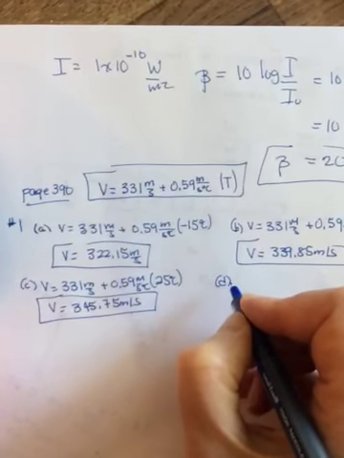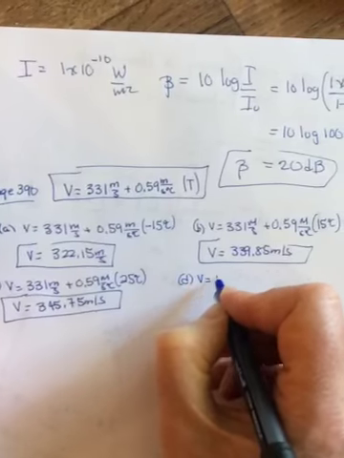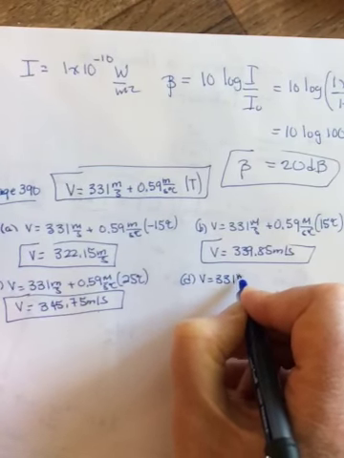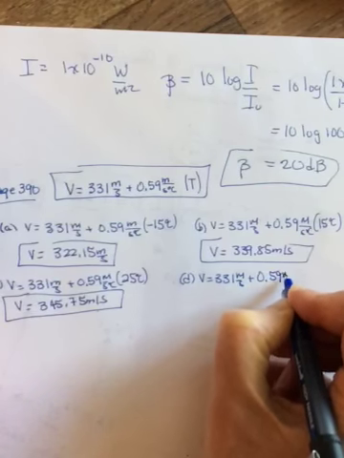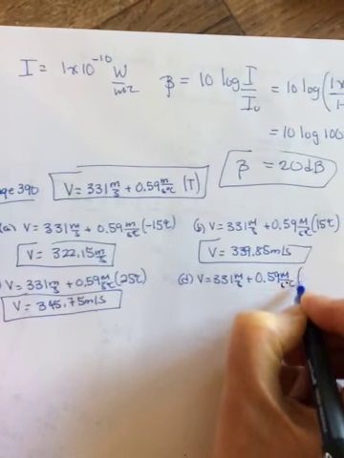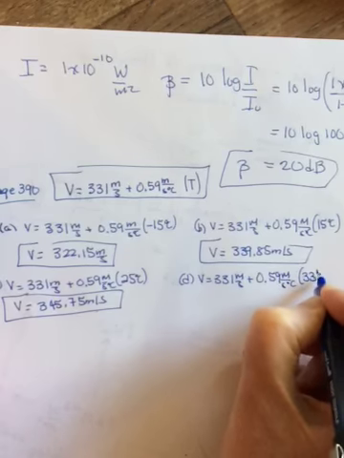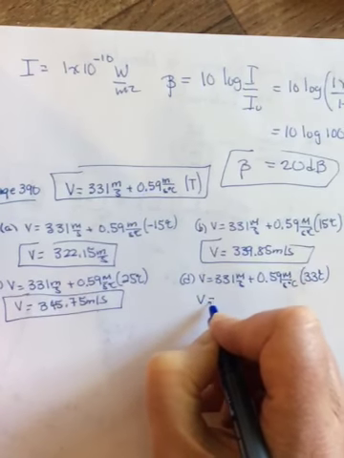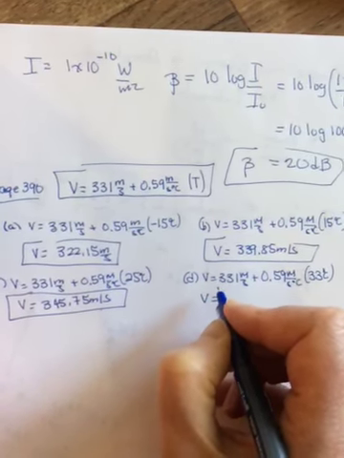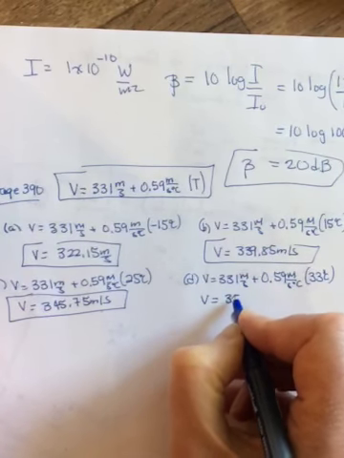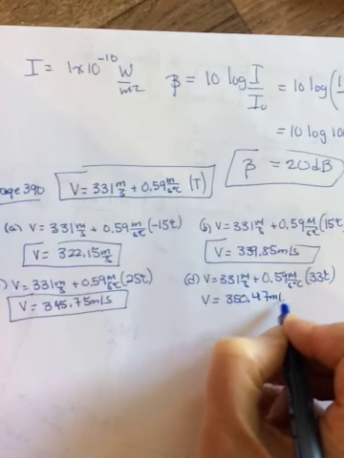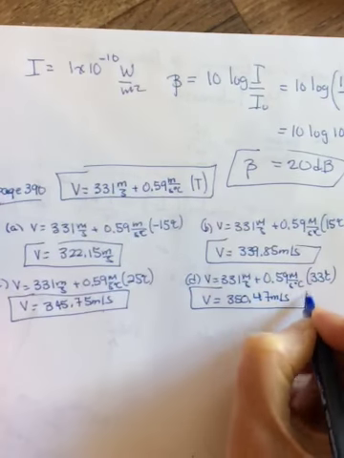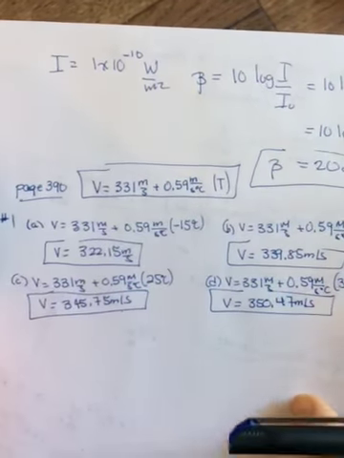And the last one, 33. So 331 meters per second plus 0.59 meters per second degrees Celsius times 33 degrees Celsius. And when you do this, you should get 350.47. Okay, that's it for number one.